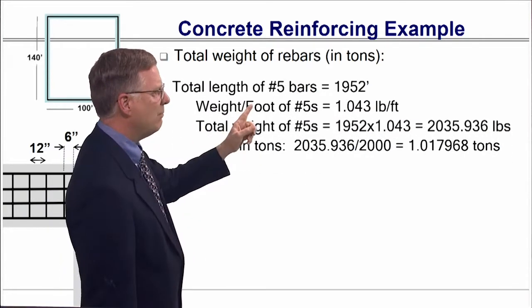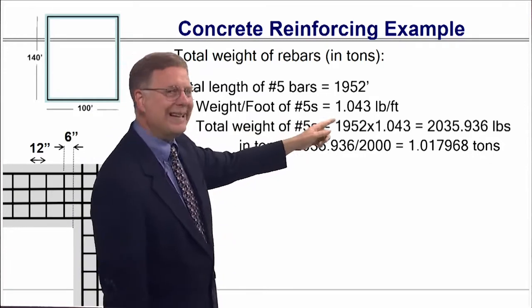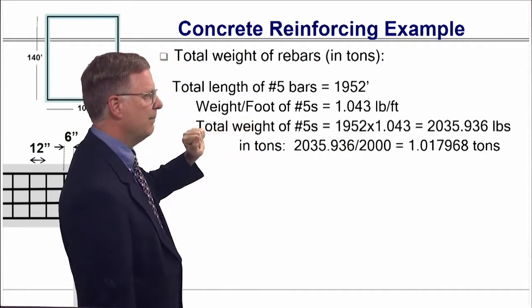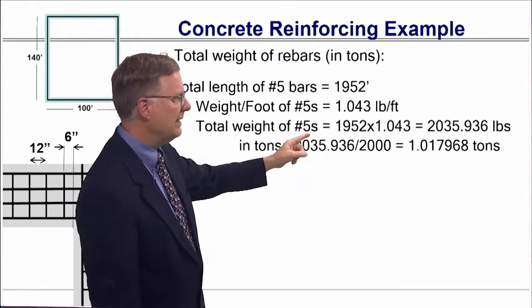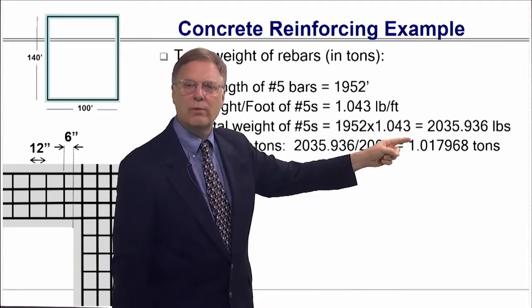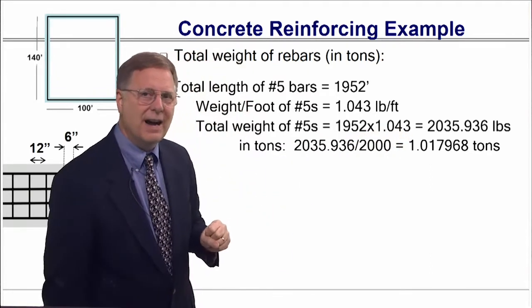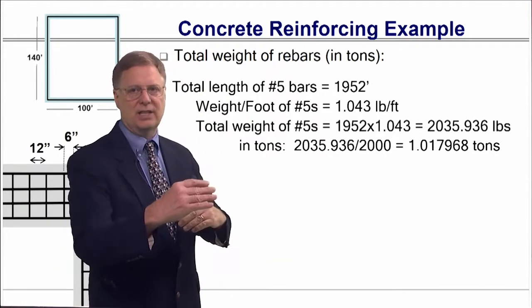So we have number 5 bars. We got 1952 feet. We know what the weight is of those number 5 bars, 1.043 pounds per foot. So the total weight of number 5 rebars is 1952 times 1.043. Gives me 2,035.936 pounds.